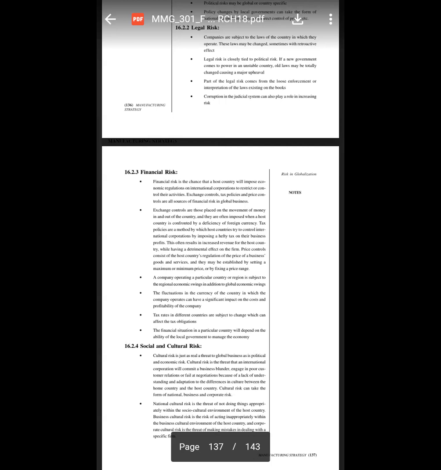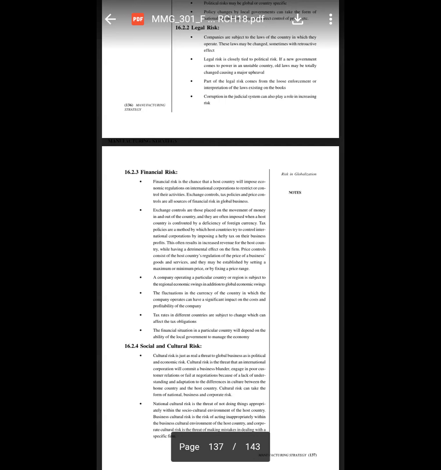Now financial risks can also be a problem for the company, because sometimes with the help of exchange control, or with the help of the taxation policy and price control, the financial risk can create a problem.